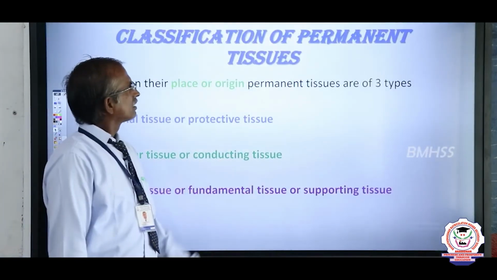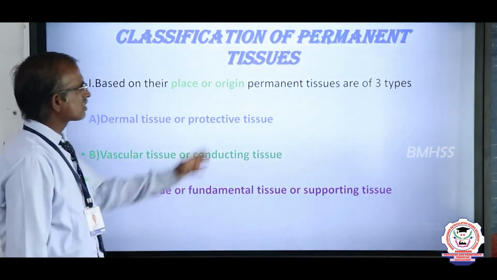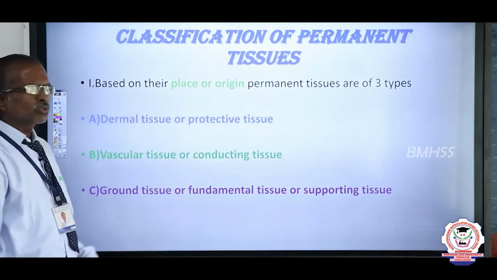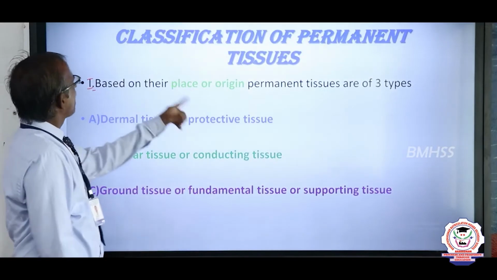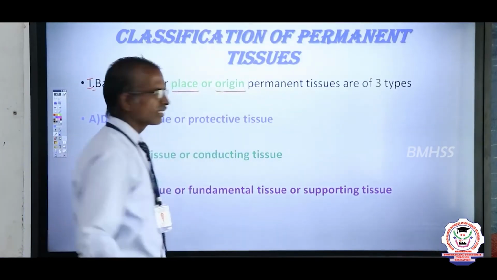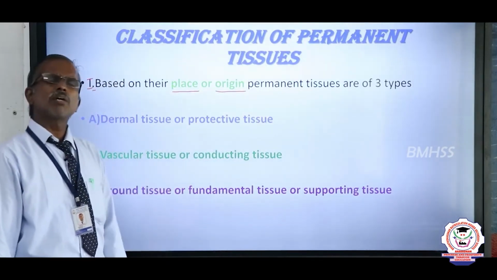Next, the classification of permanent tissue. Permanent tissues are classified based on two aspects. The first aspect is based on where they are located, their place or origin. Based on origin, permanent tissues are of three types.